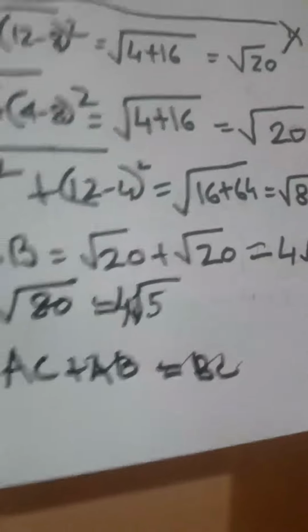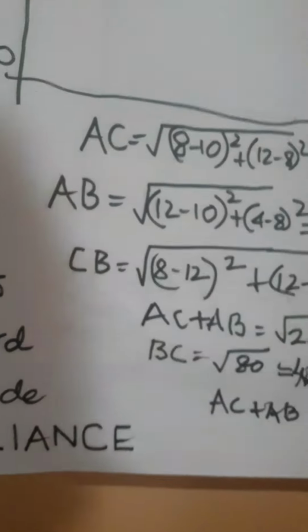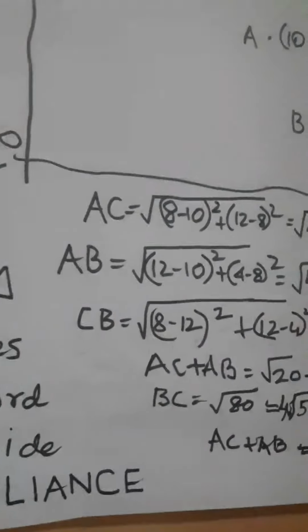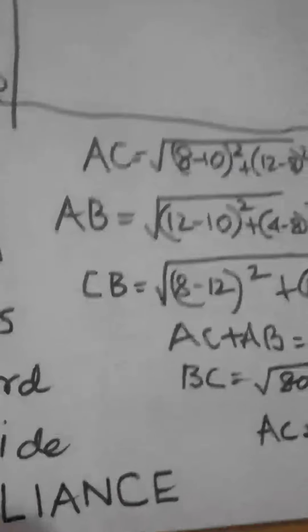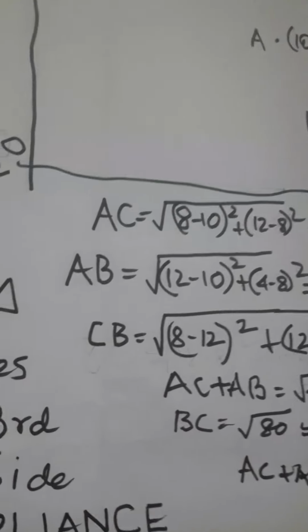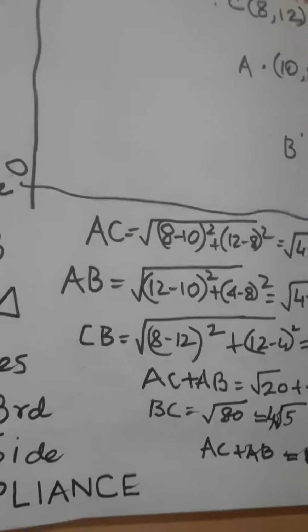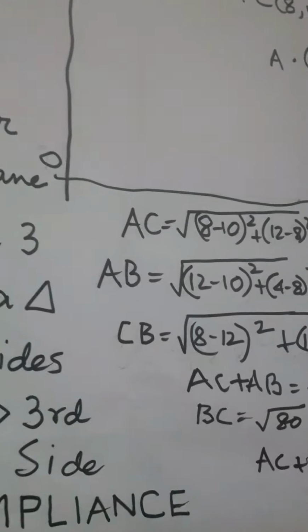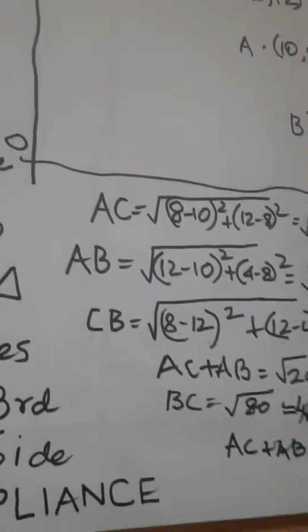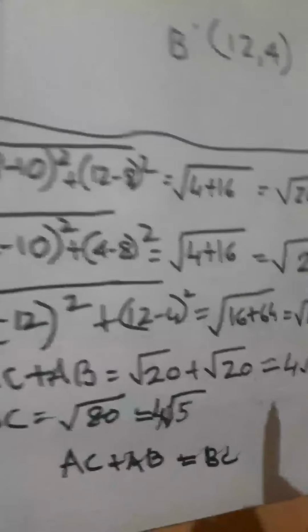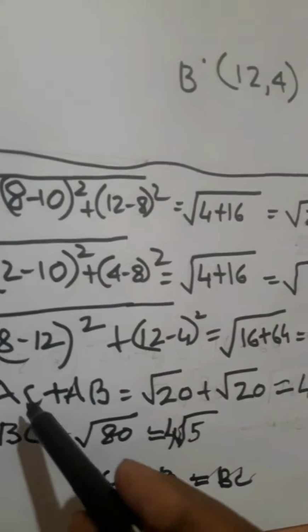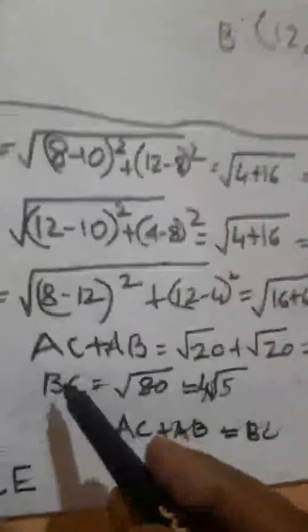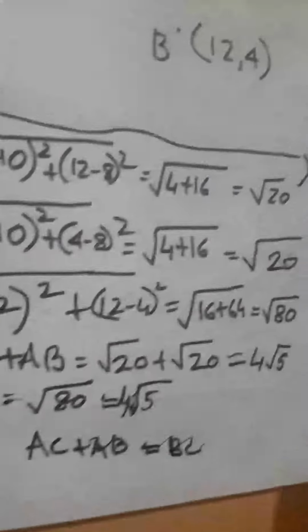But what did we expect? We expected that since they are non-collinear points, they form the 3 sides of a triangle. And the 3 sides of a triangle are always like that. The fundamental theorem is that the summation of 2 sides of a triangle is greater than the third side. But here we see the summation of 2 sides, that is AC plus AB is 4 root 5 and BC is also 4 root 5.